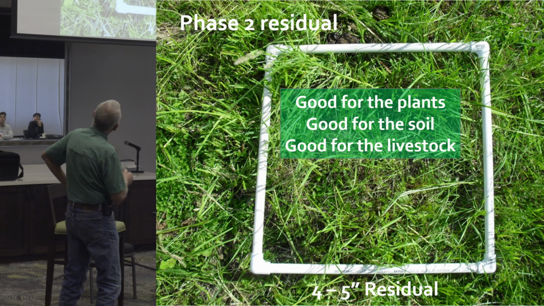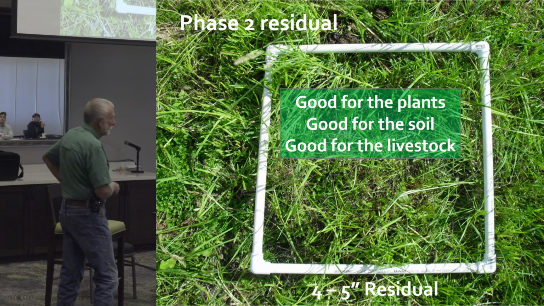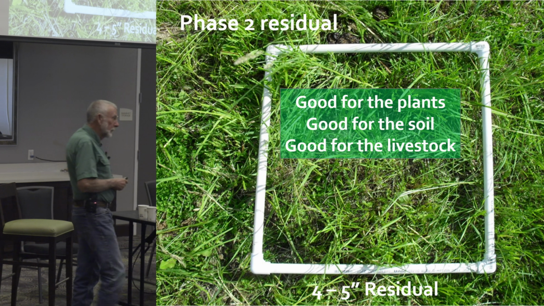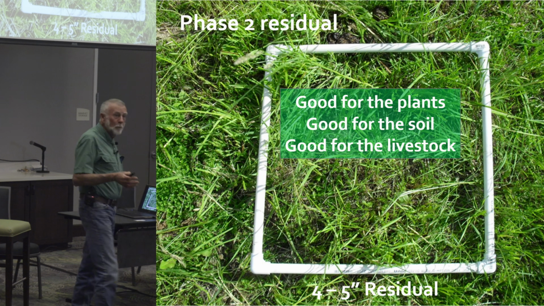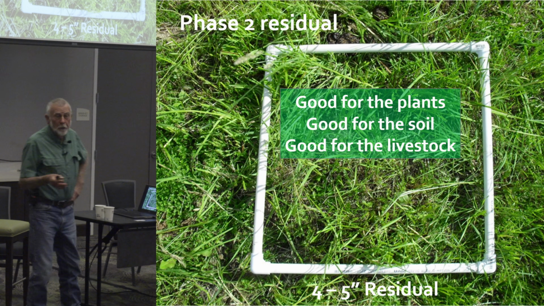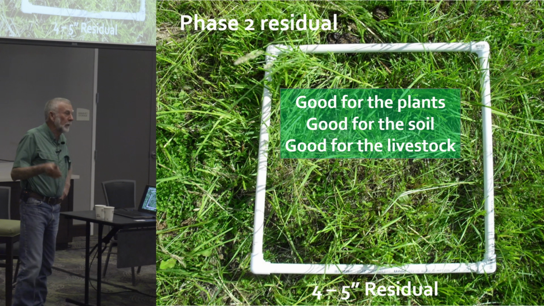We could go over there and graze it, leaving a 4 or 5 inch residual, a lot of green leaf area out there. So recovery is going to come from active photosynthesis, not from stored energy. And recovery from active photosynthesis always happens at a faster rate than recovery from stored energy, basically with the exception of alfalfa.